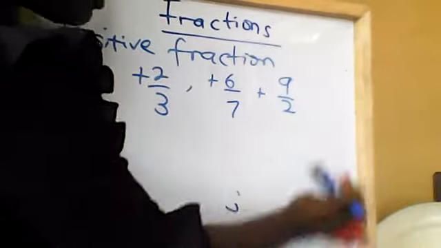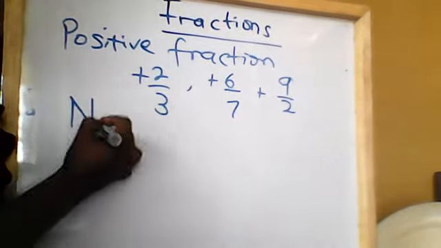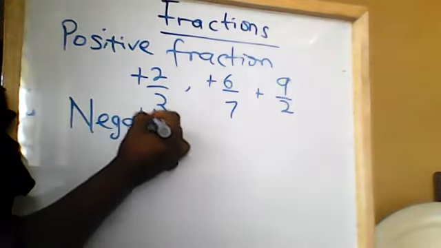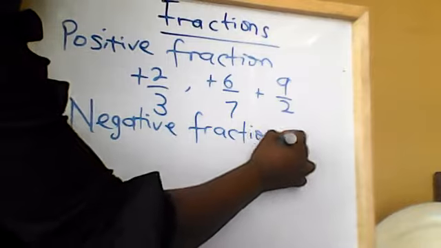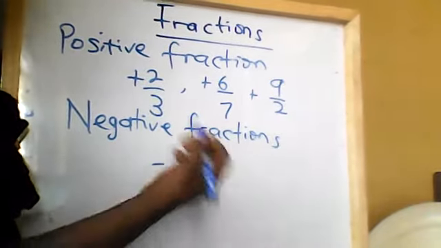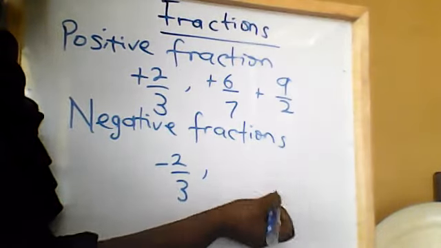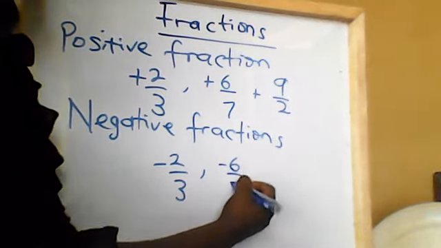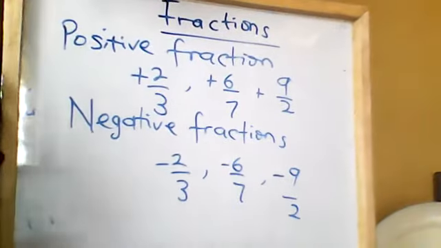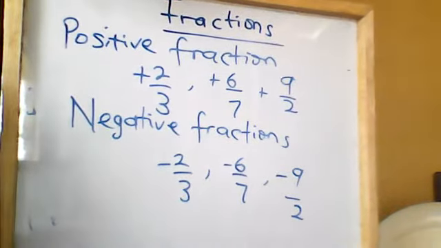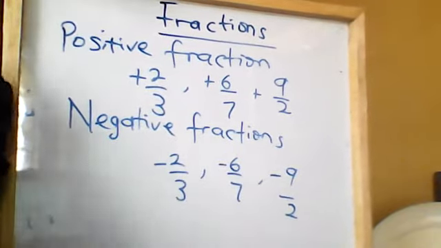We could also have negative fractions. So that would be having a negative sign. That would be negative fractions now. So I want us to understand the basics of fractions.